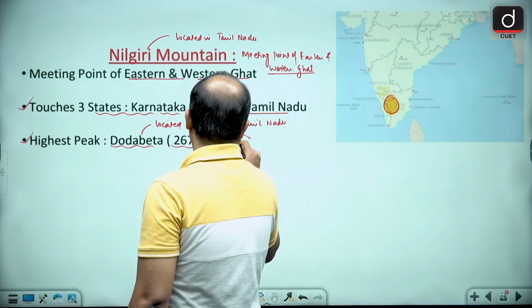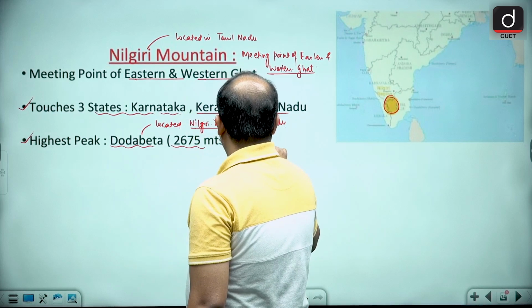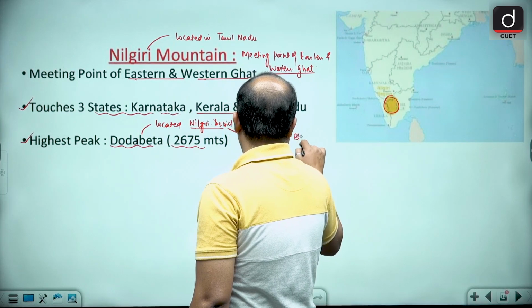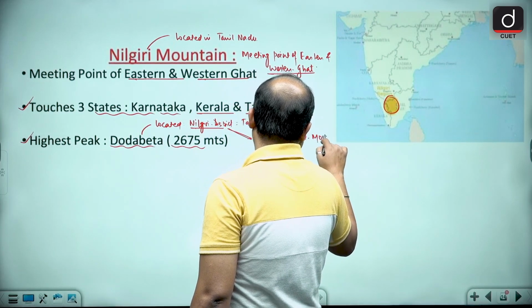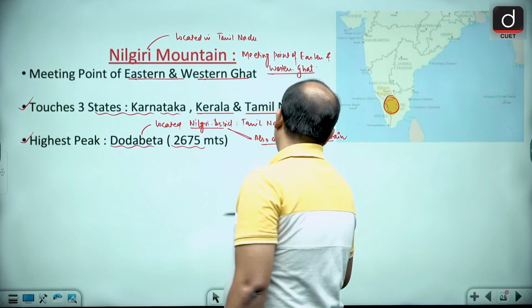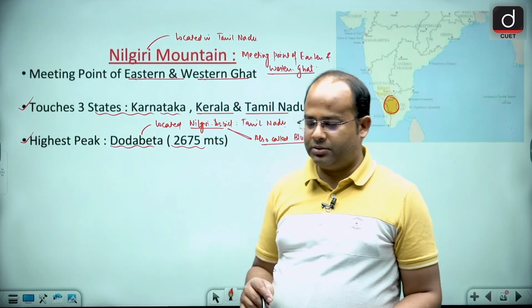The Nilgiri hills are also known as the Blue Mountain.